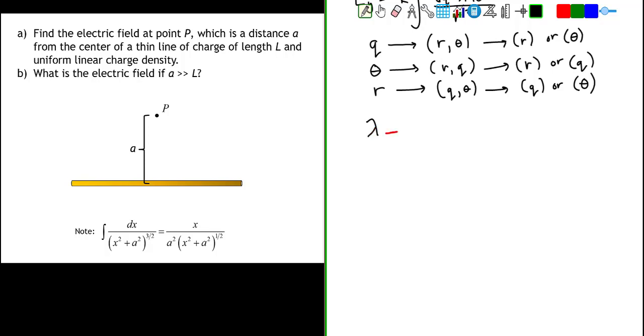The linear charge density is defined as dq over dl, charge per unit length.